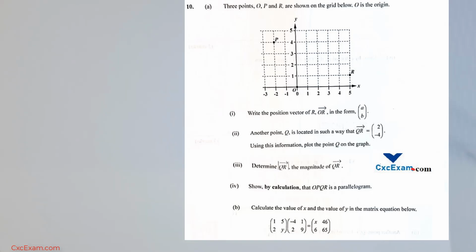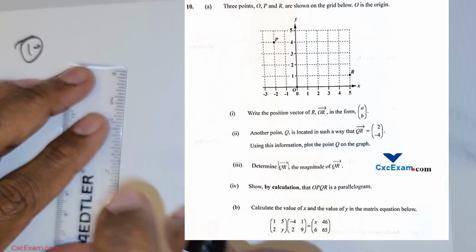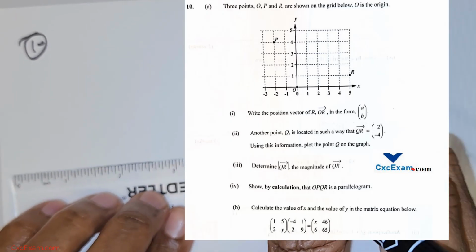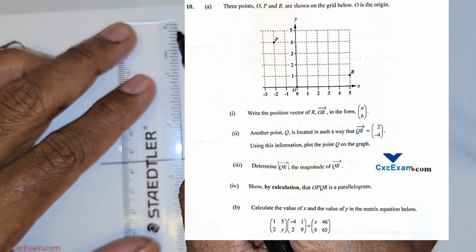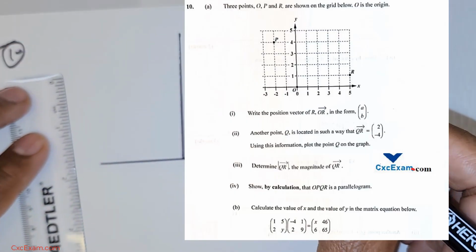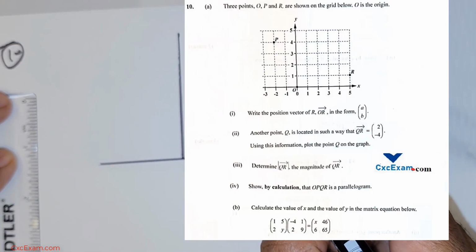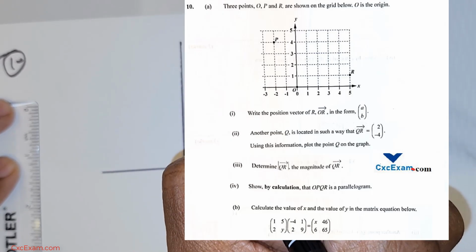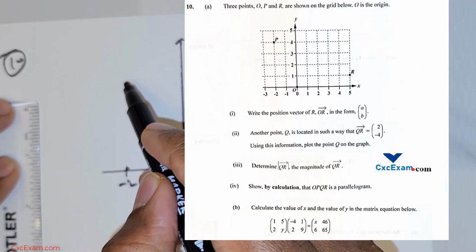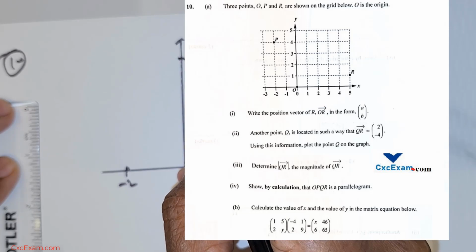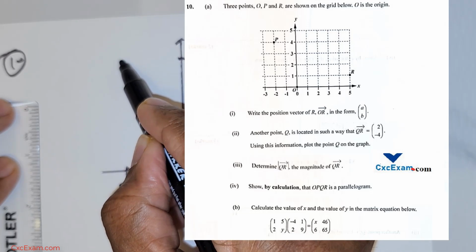So this is question number 10, and we have the following grid being given. Okay, so I'm not drawing the grid, I'm only drawing the coordinates location. So you have to imagine that this is the grid. So you have the x-axis and the y-axis, and this is -2, and you have a point located here.